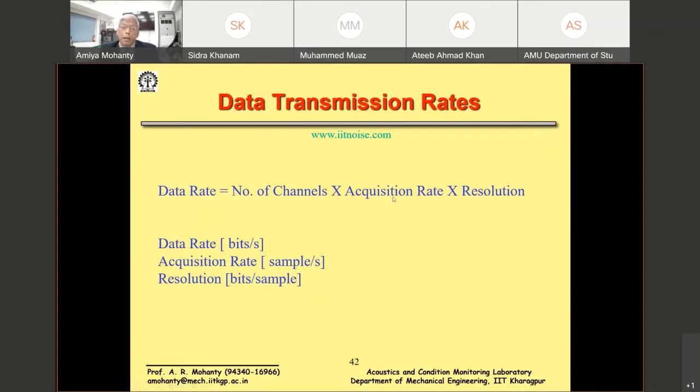So each sample is taking 3 bytes. If I'm taking, say, 1,000 samples per second, that is a very, very low rate. Suppose I'm taking 1 megahertz, so 3 mega bytes per second. So this is the data rate.